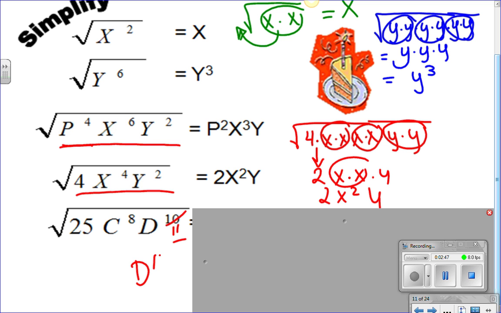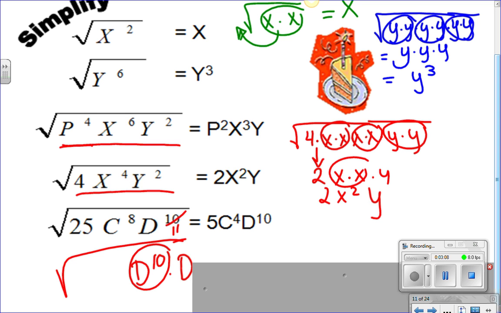D to the 11th is the same as d to the 10 times d, right? D times itself 10 times, and then times itself again makes 11 times. So we know when we take this outside of the radical, that it's going to become d to the 5th, right? So this is all underneath the radical right now. When we take it outside, it'll be d to the 5th, and then that last d will just remain inside the radical.